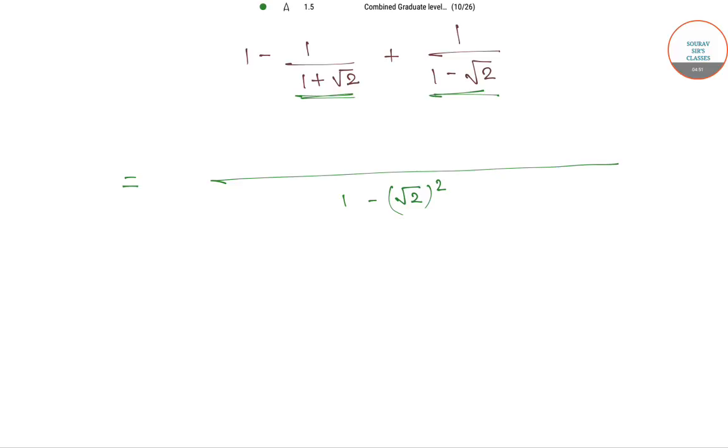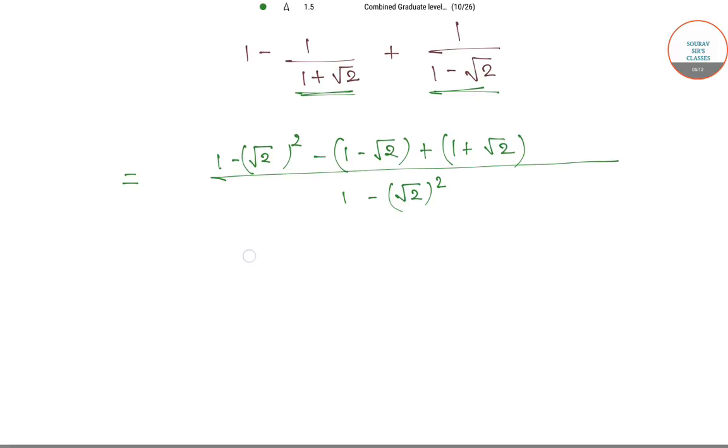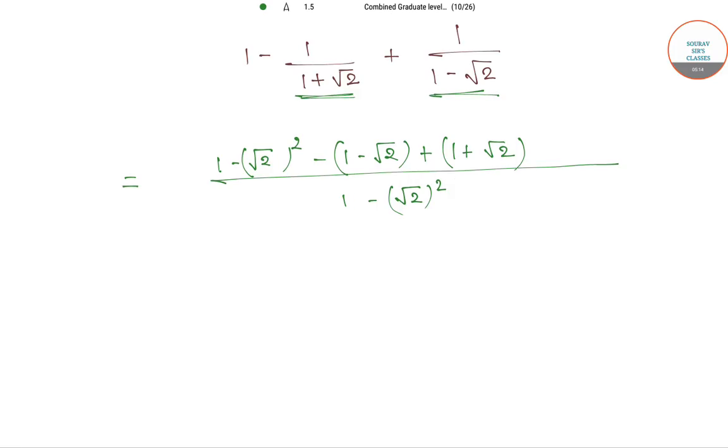Then what we will get is 1 minus root 2 whole, root 2 square, minus (1 minus root 2), then plus (1 plus root 2). So we can get this in the next step.